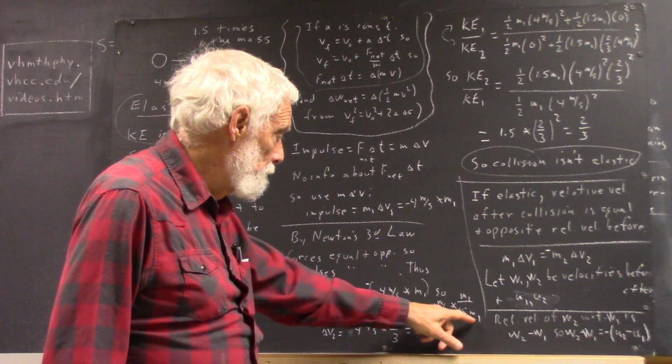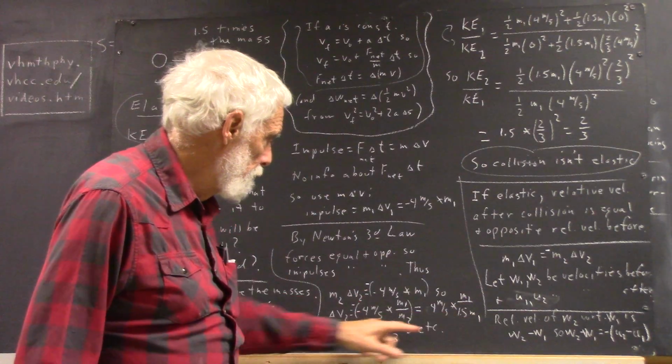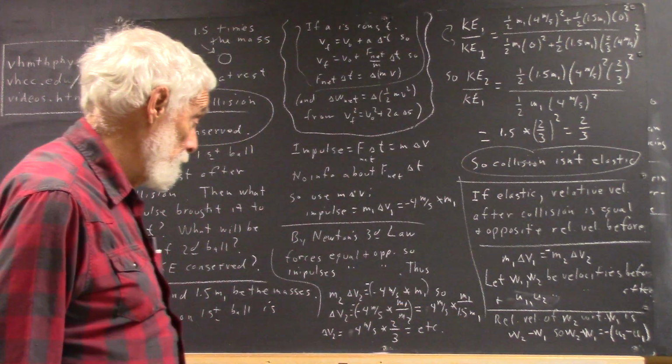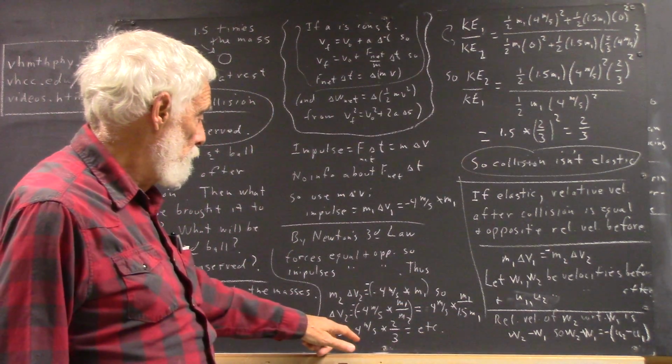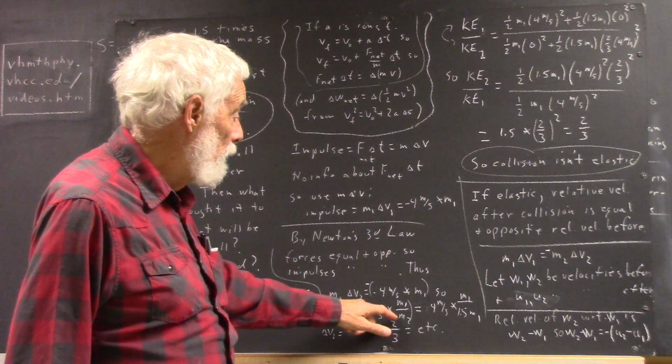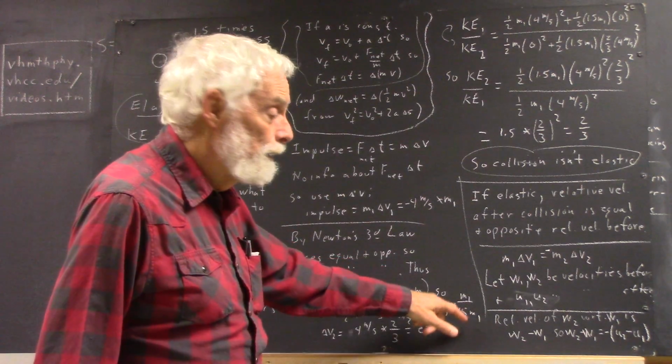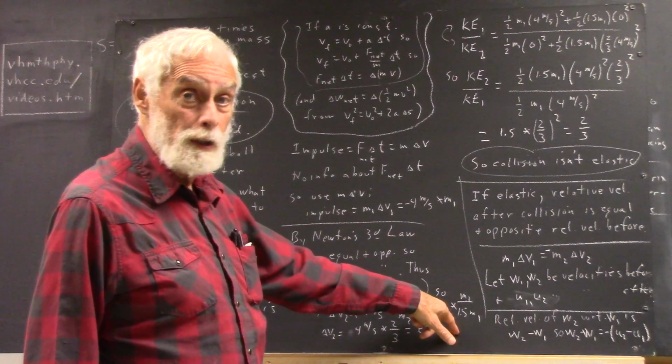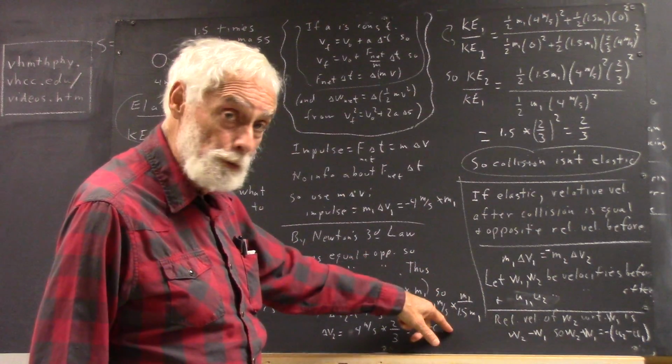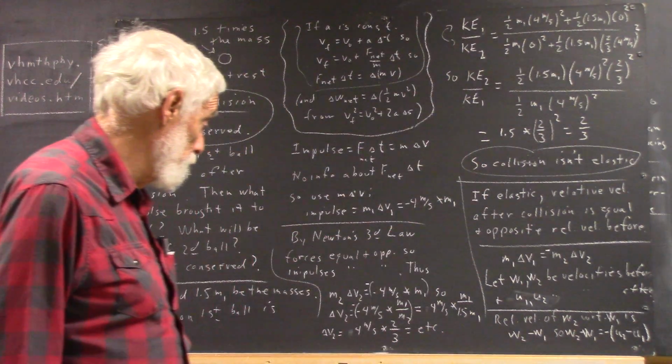And m2 is 1.5 m1, so here is our delta v for the second object. So that the delta v2 is 4 meters per second times 2/3, because m1 divided by 1.5 m1 is 2/3. You can work that out if you have to.